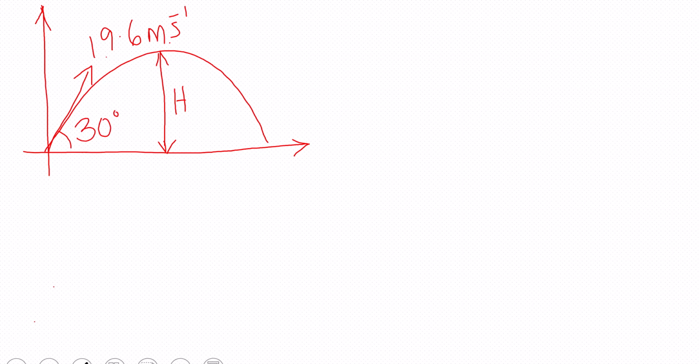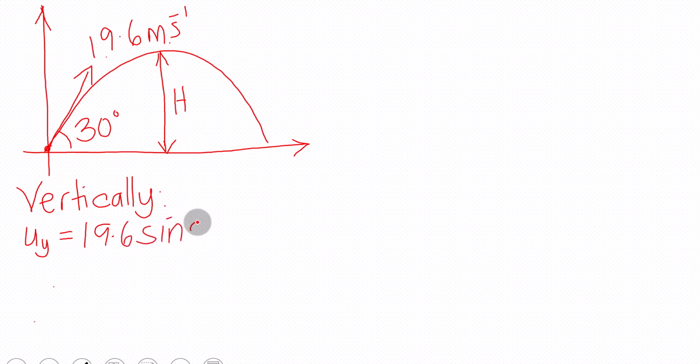So if you want the time taken to move from here up to here, we're going to use the vertical motion. So I can say that vertically, we know that u in the y will be 19.6 sine of 30 degrees. We know that acceleration in the y will be 9.8 meters per second squared, but it's negative since we are opposing gravity.